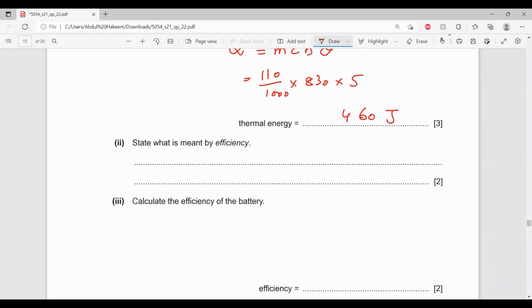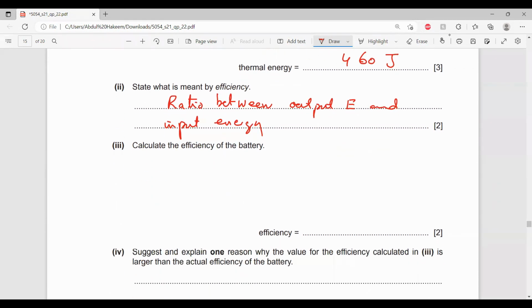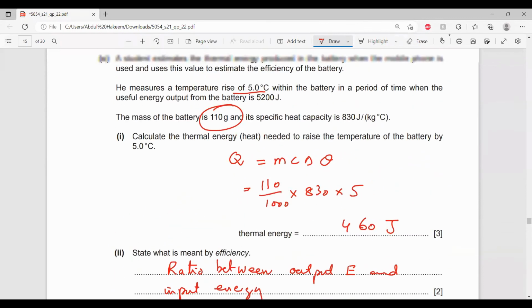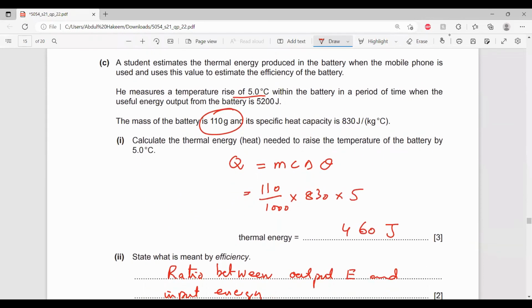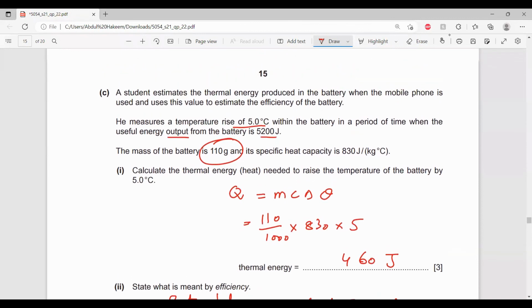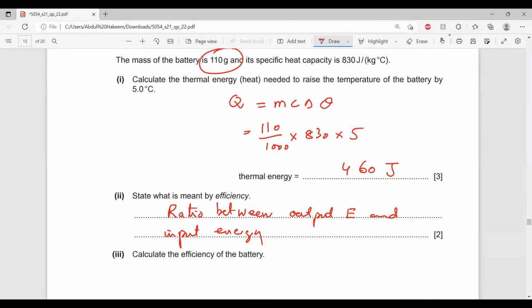Next, state what is meant by efficiency. Efficiency is the ratio between output energy and input energy. Calculate the efficiency. Look at the diagram. Useful energy output is 5200 plus this energy lost.